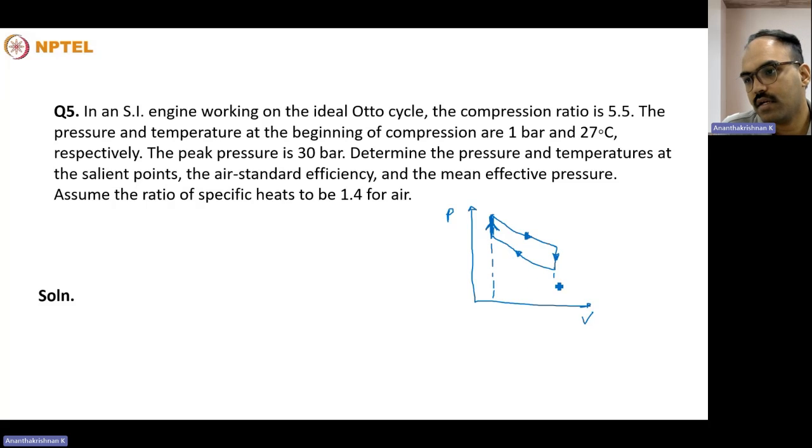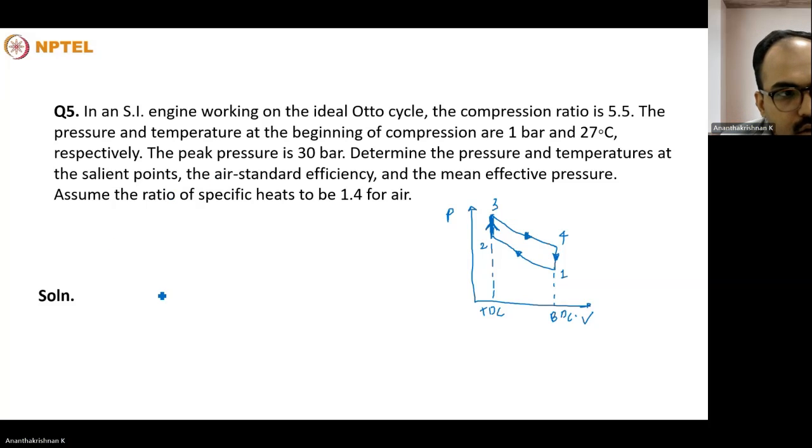So this is the top dead center, and this is the bottom dead center. This can be named as 1, 2, 3, 4. We need to calculate the pressure and temperature at the salient points, the air standard efficiency, and the mean effective pressure.